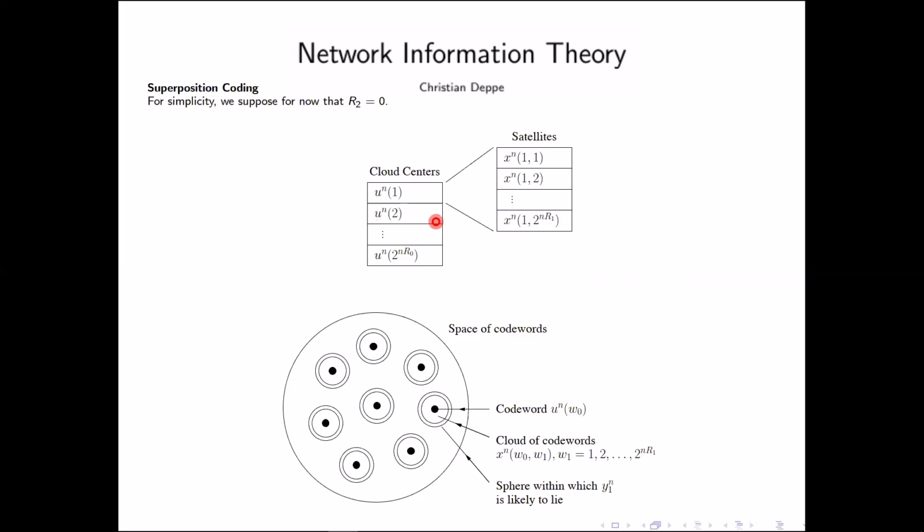And the special case is now, depending on the codeword he chooses in the codebook, there are so-called satellites. If he chooses as common message 1, then he chooses the second, dedicated message for decoder 1 in the satellite.